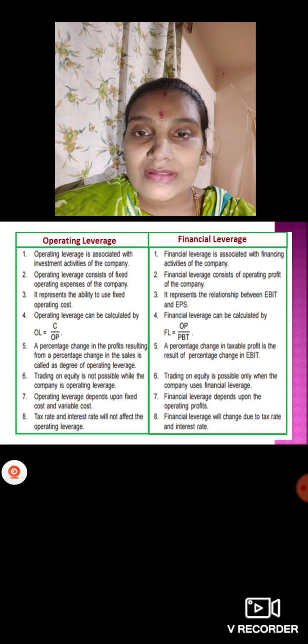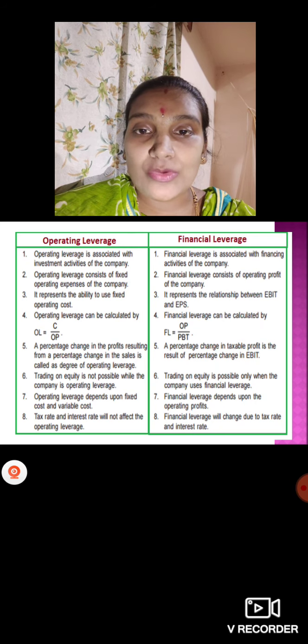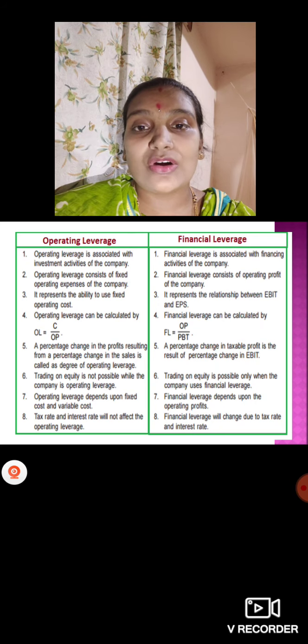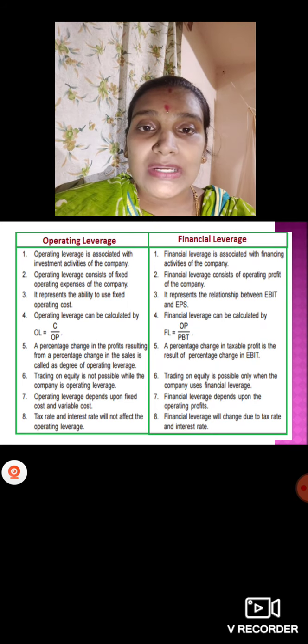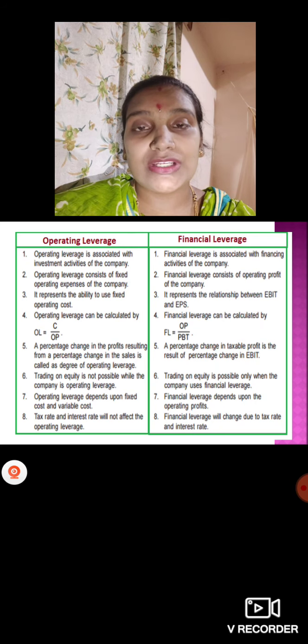Then trading on equity is not possible when the company is using operating leverage. Trading on equity is not possible when the company is mainly concentrating on operating activities. But trading on equity is possible only when the company uses financial leverage.